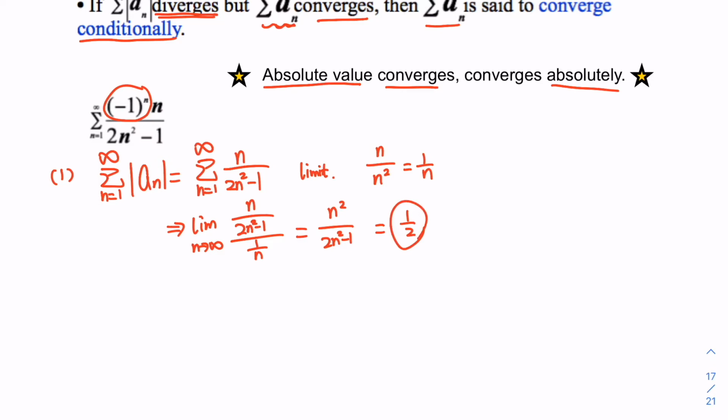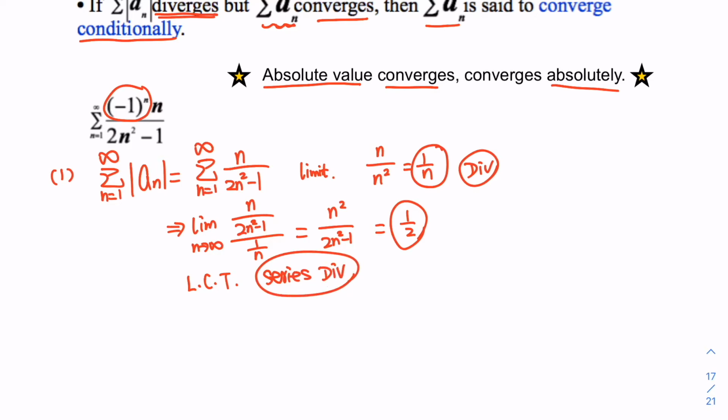That means the two series have the same property. Based on the limit comparison test, because 1 over n diverges, this series also diverges. So the absolute value diverges.